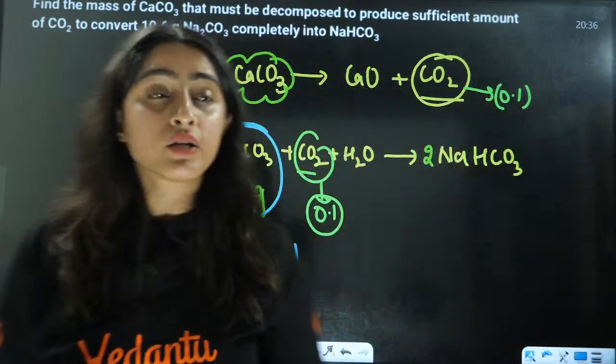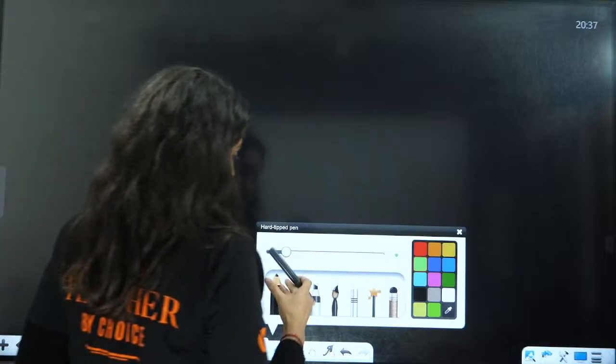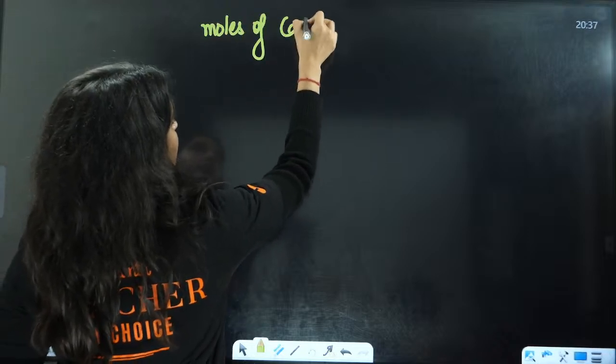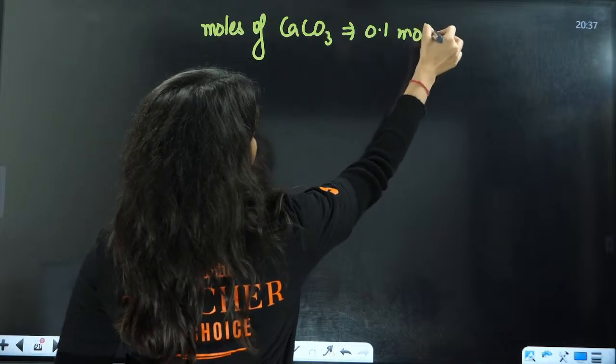That means the moles of CaCO3 is going to be 0.1 mole.